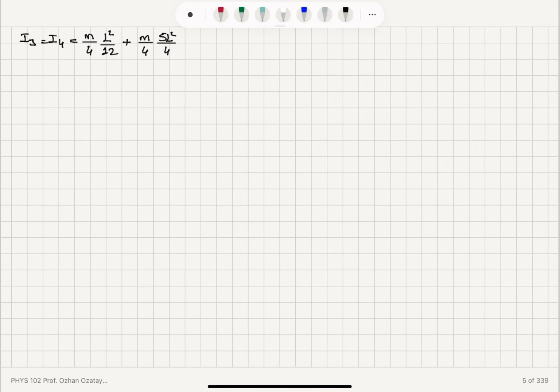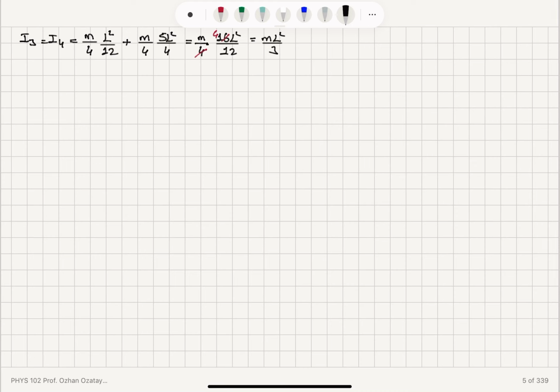So this will give me m over 4 times, we can see that this is going to be multiplied by 3, so that will be 15 over 12, and then I have 1 over 12 here, which will be 16L squared divided by 12, and this will be equal to, this 4 will make this one 4 over 12, which is 1 over 3, mL squared divided by 3.